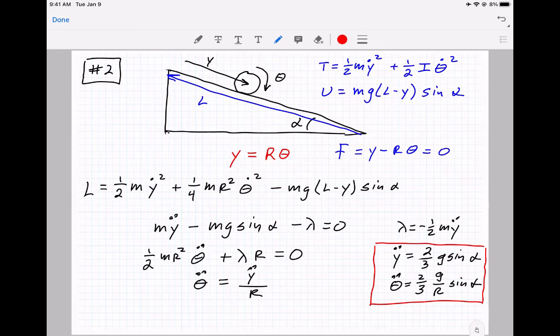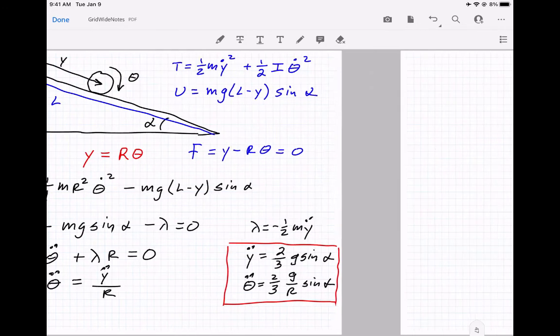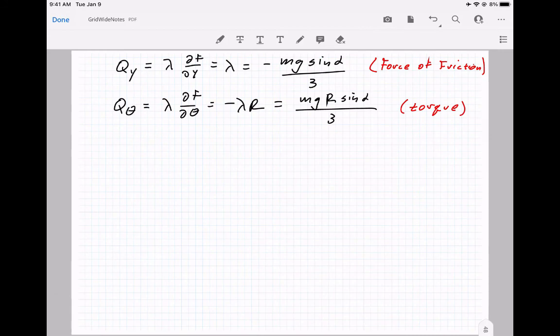Here, by just plugging and chugging, you set up your generalized coordinates carefully, and they're simple, y and theta. You find your equation of constraint, which is just the arc length that the thing rolls through. Beyond that, you're just plugging it through the equations, and what pops out are the explicit expression for torque and also the explicit expression for the force of friction.